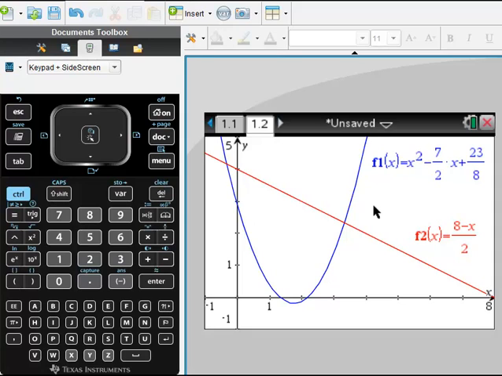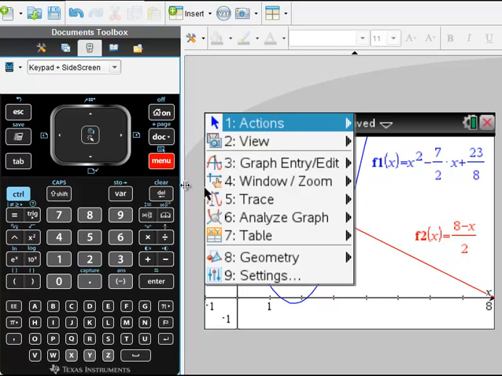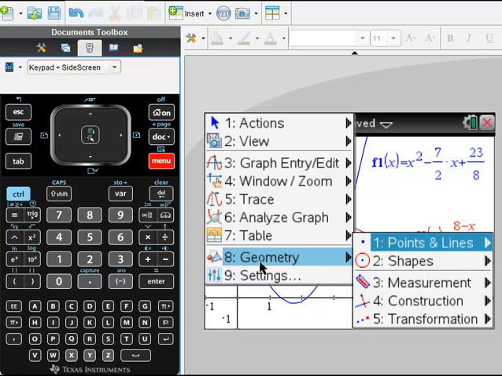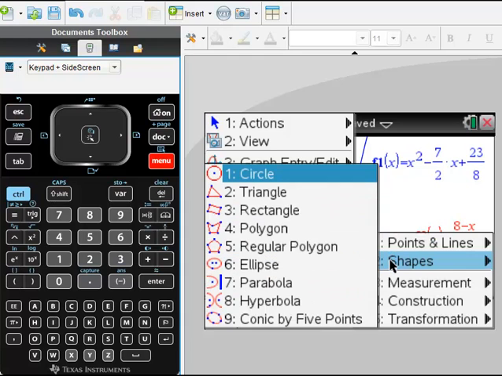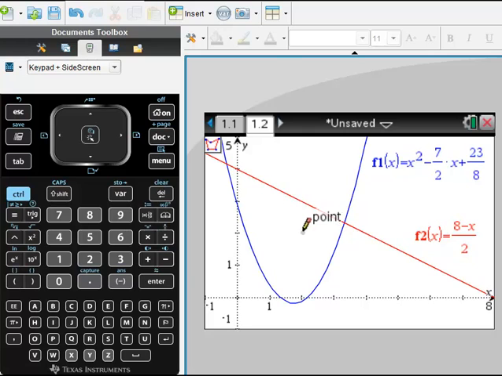Also, the advantage of this in this case is that I can use the polygon as a source of graphic approximation as well. So this actually turns out to be a very efficient idea for me, I think. So let's start that. I'll go to the menu and geometry and shapes and polygon.